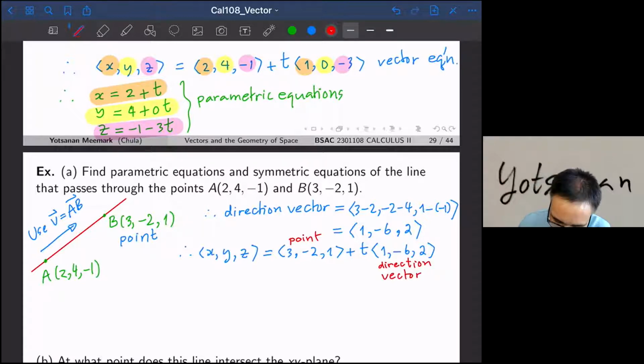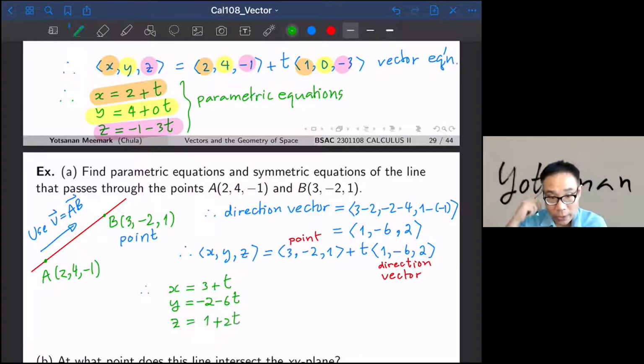From this you get the parametric equations: x equals 3 plus t, y equals negative 2 minus 6t, and z equals 1 plus 2t.